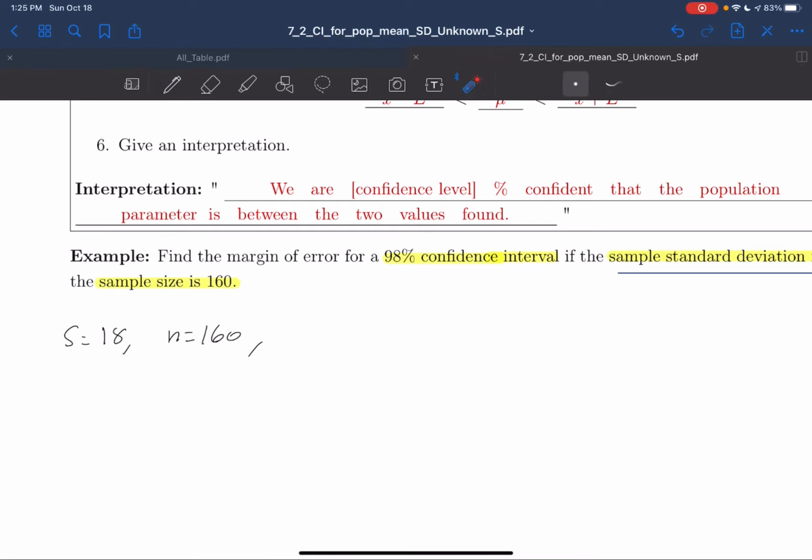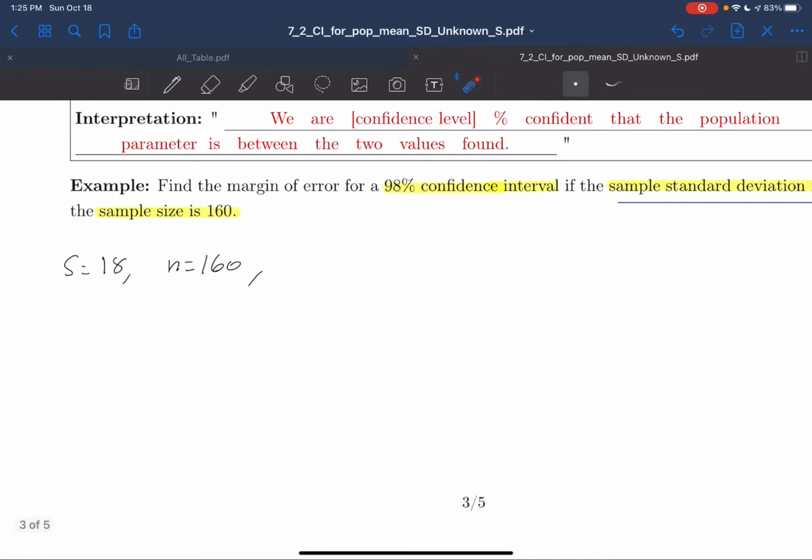98% confidence interval. First thing you want to do is compute your degree of freedom. So degree of freedom is just n minus 1, or 160 minus 1, which is equal to 159.